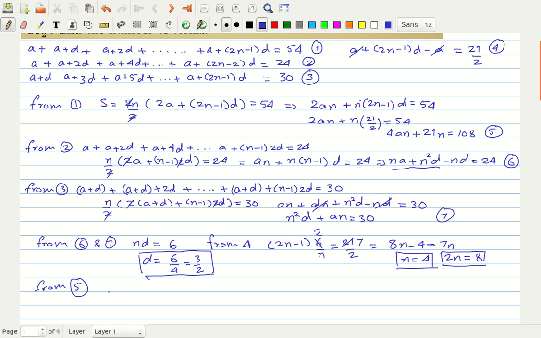So 2an will be equal to 4an, which is 4 times 4, 16a, plus 21n, which is 16a plus 84.